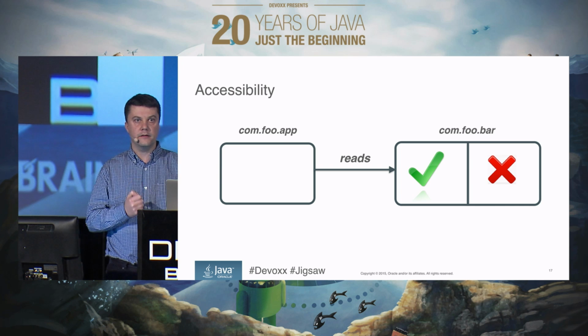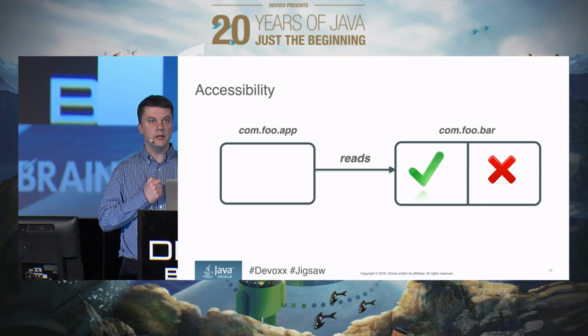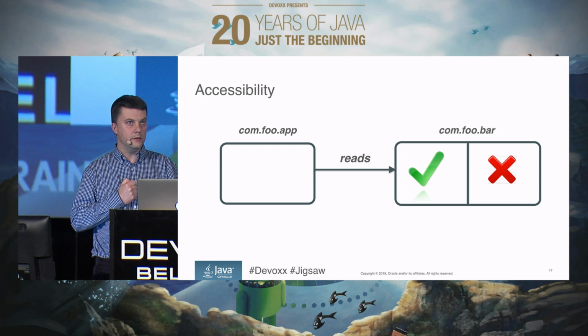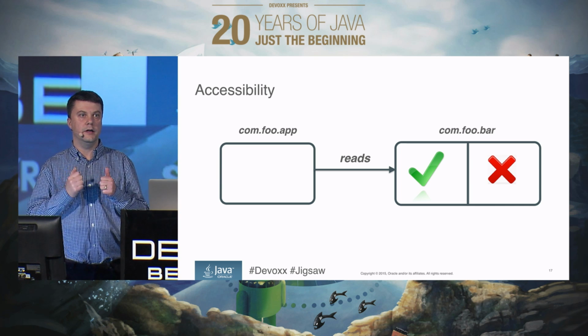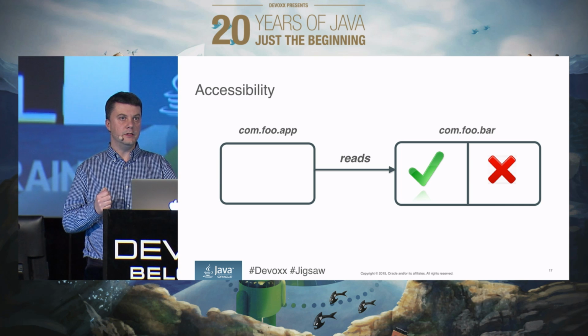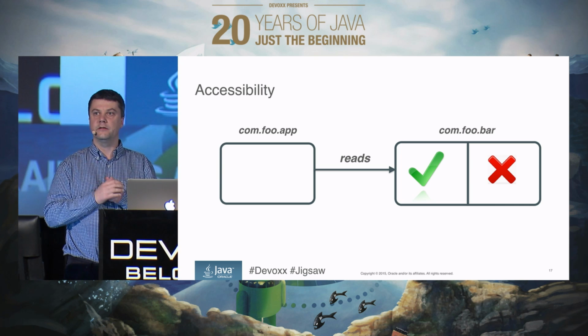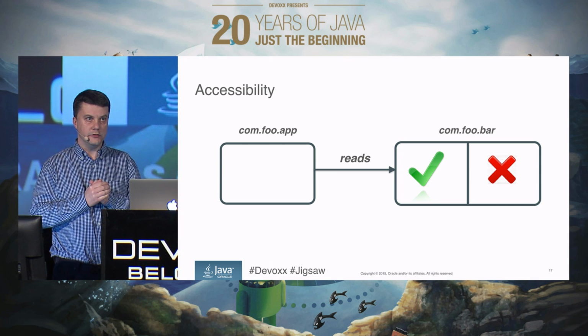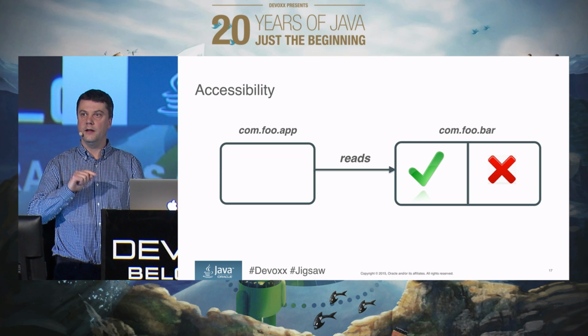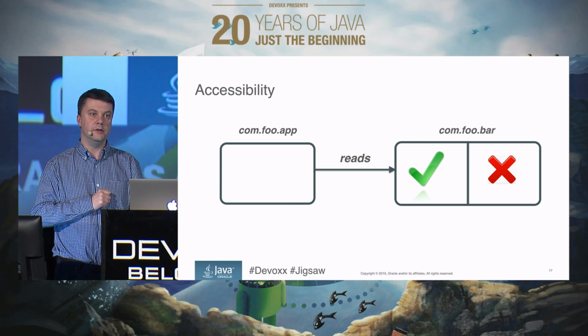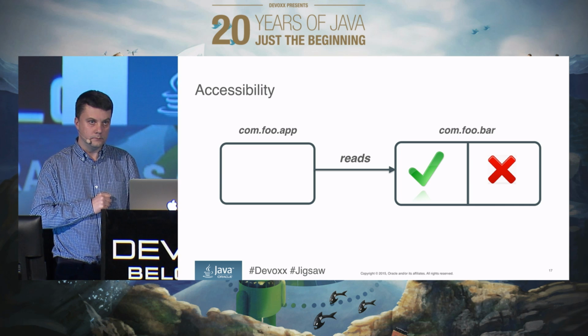It cannot access any of the types in the non-exported packages. This includes public types. So there's a pair that you have to get into your head. You've got to read the module, and the module has to export the packages. Once you've got that readability and you have the exports, that allows you to access then the public types in those exported packages.